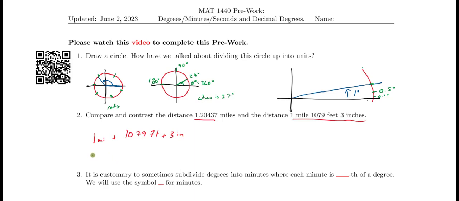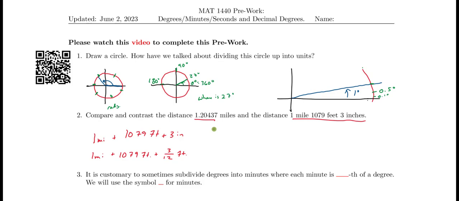Now, copying down the 1 mile part and the 1,079 feet part, I'm going to rewrite the inches as 3 inches out of 12. And so now this is back in terms of feet, because 1 foot is equivalent to 12 inches. And so now we're in the units of feet.